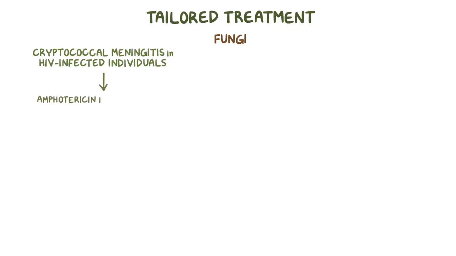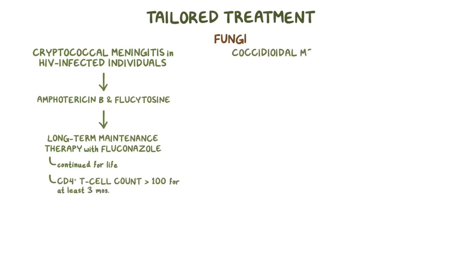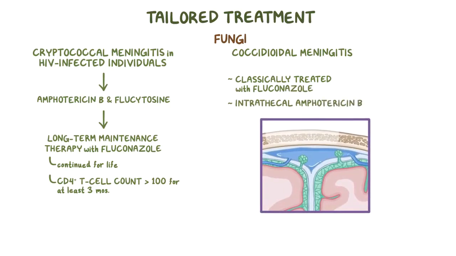As for fungi, cryptococcal meningitis in HIV-infected individuals is initially treated with a combination of amphotericin B and flucytosine, followed by long-term maintenance therapy with fluconazole, which is continued for life or until the individual has a CD4-positive T-cell count of over 100 for at least 3 months. Coccidioidal meningitis is classically treated with fluconazole. However, intrathecal amphotericin B, which is injected into the subarachnoid space, is also an emerging option.